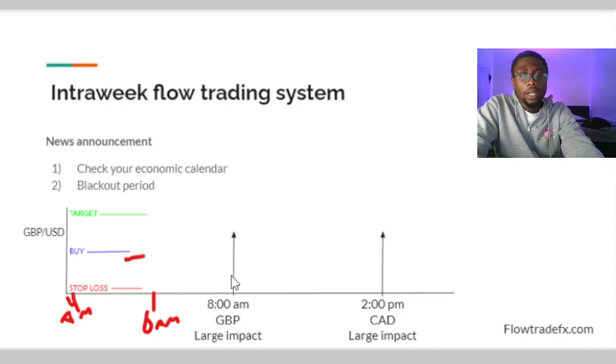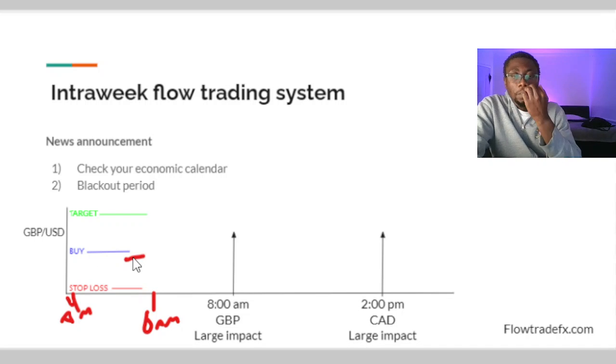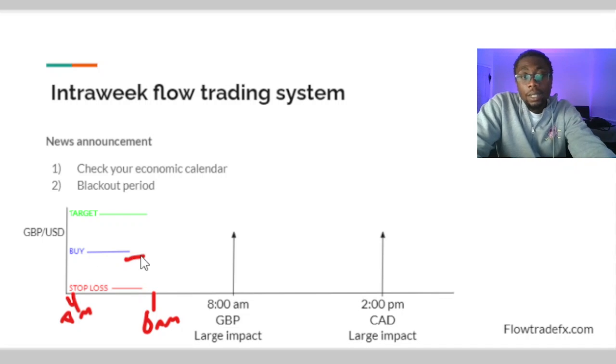And then you can take a trading opportunity if one is presented at that moment, given that the support and resistance levels have still been respected and maintained. Otherwise, you can leave your trade to be potentially hitting this stop loss level below by the time the large impact news strikes.